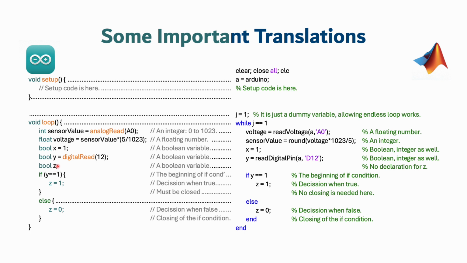Suppose that when metal is detected, z, which is connected to the alarm system, makes the alarm beep, informing the security check that someone is carrying metallic stuff. In MATLAB, it is slightly different.